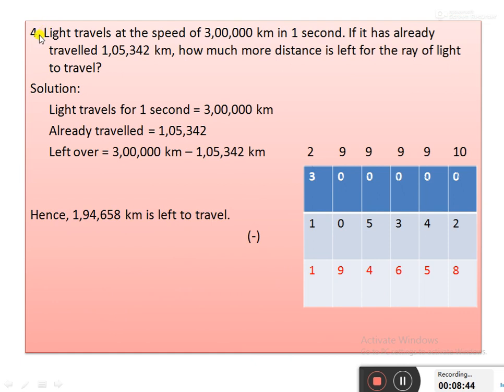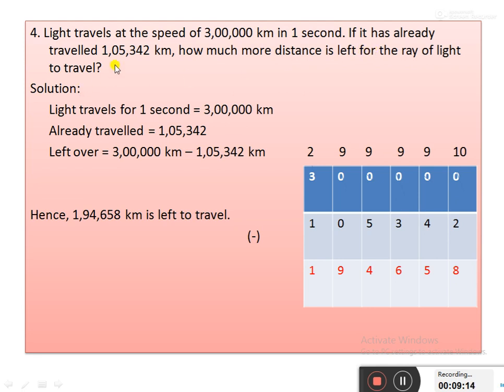Question number 4. Light travels at the speed of 3 lakh km in 1 second. If it has already travelled 1,05,342 km, how much more distance is left for the ray of light to travel? Solution. Light travels for 1 second. How many kilometers did it travel? 3 lakh kilometers.